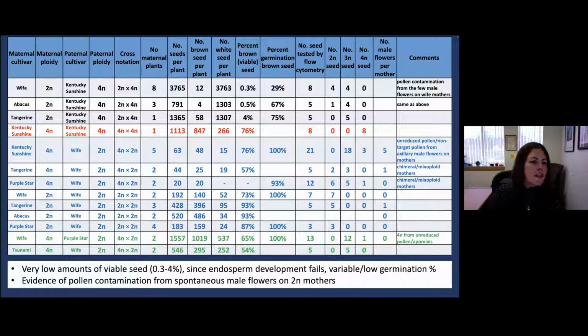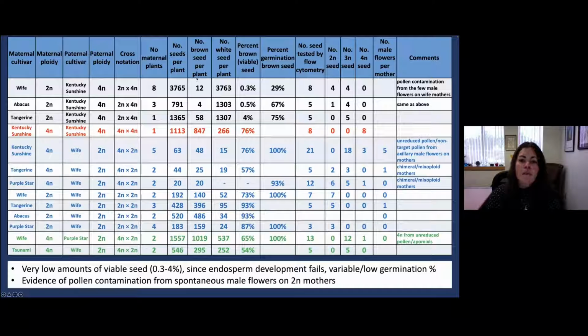Just to orient you, this first column is the mother cultivar, the ploidy of the mother, the paternal cultivar, the ploidy of the father or the pollen source, the cross notation, the mother always goes first, the number of maternal plants that received pollen. This is the seeds per plant.